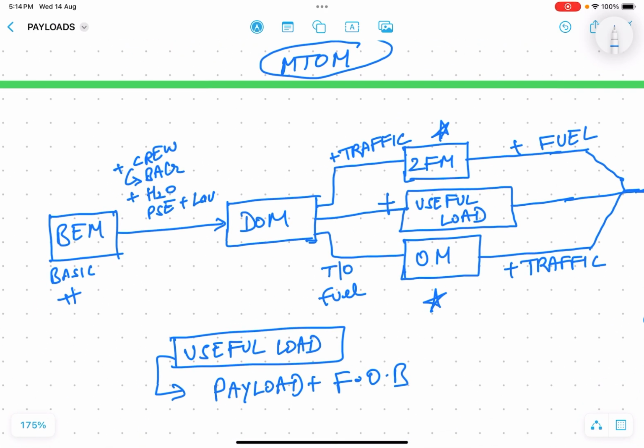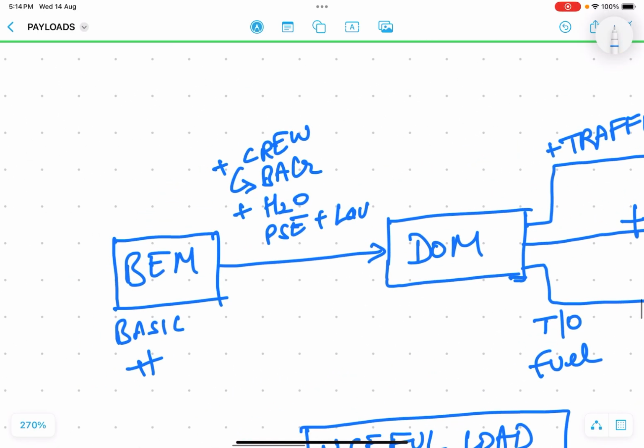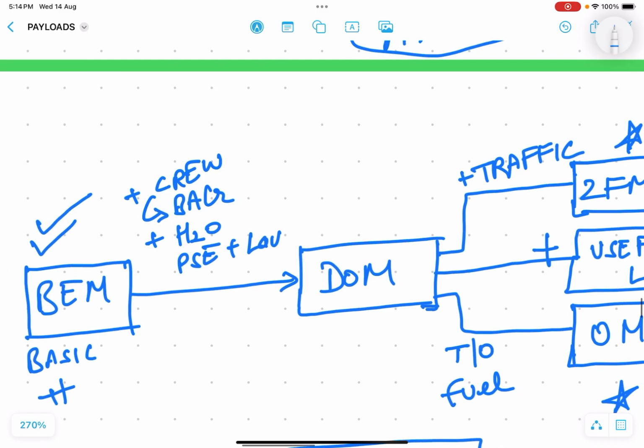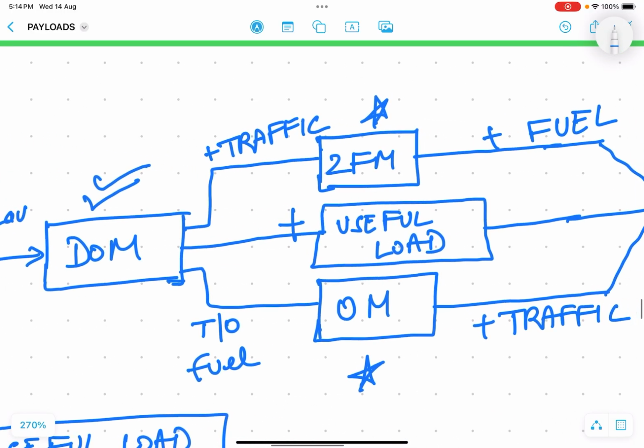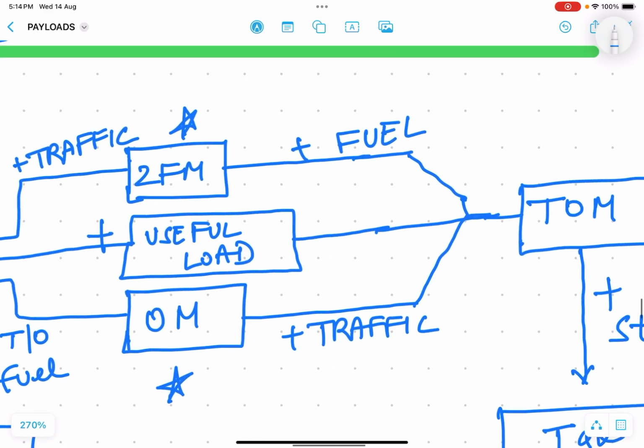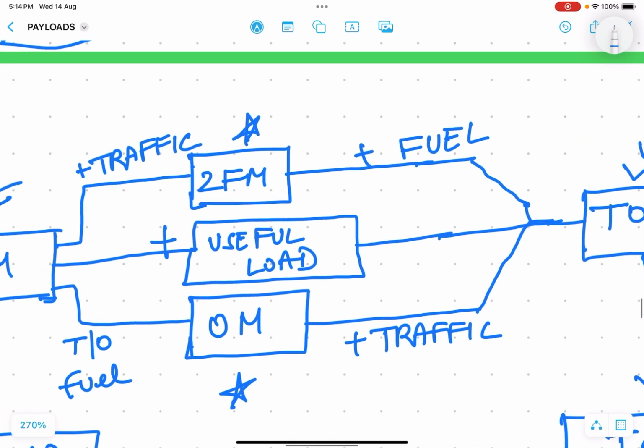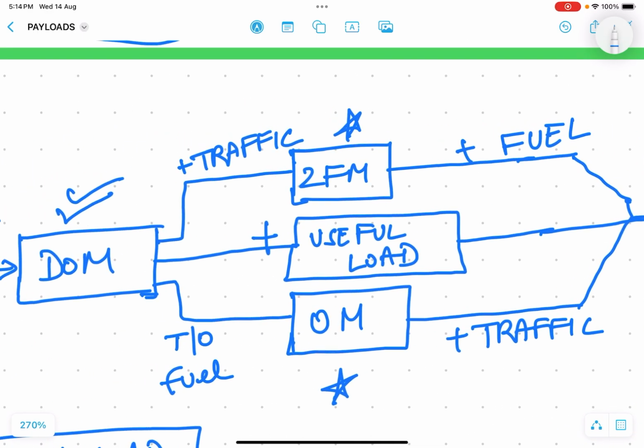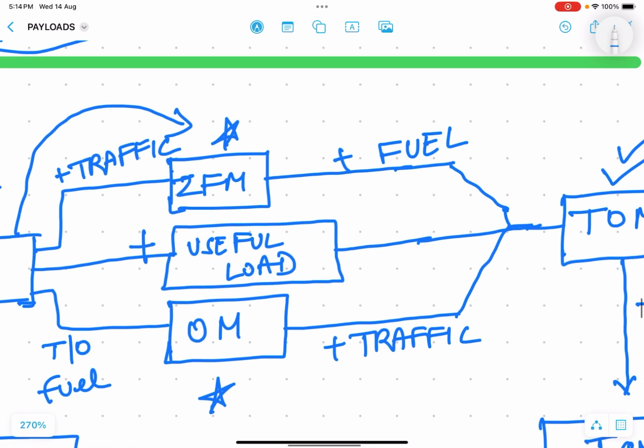Just a quick revision of what we have done up till now. Initially we had basic empty mass, which was just the basic aircraft. We added crew, the baggage of crew, water, PSC and lavatory chemicals. We get dry operating mass. So from dry operating mass, we can get takeoff mass in three different ways. Either we do the boarding first to get zero fuel mass, and then refueling is done, then we get our takeoff mass.